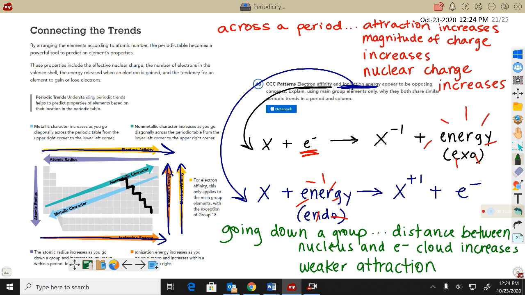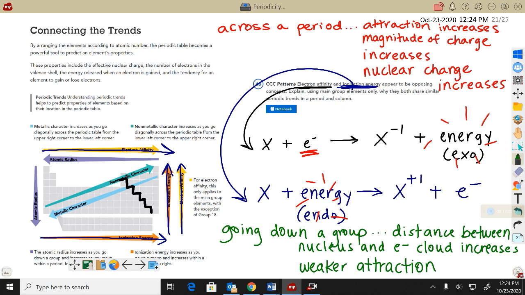So if it's unlikely that those big atoms are going to gain electrons, then it's unlikely that they're going to release any electron affinity energy. And so the trends, even though they're real opposites in concept, do follow the same trends because they both hinge on the degree of attraction between the nucleus and the outer electrons.